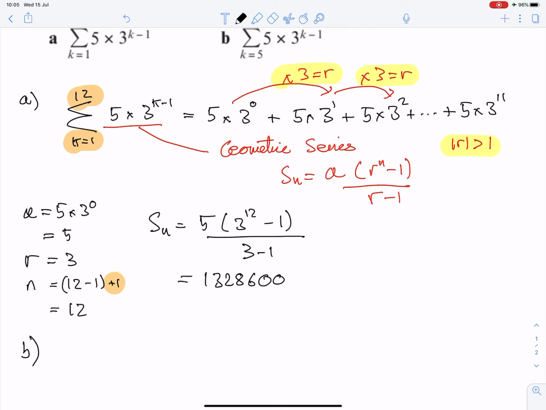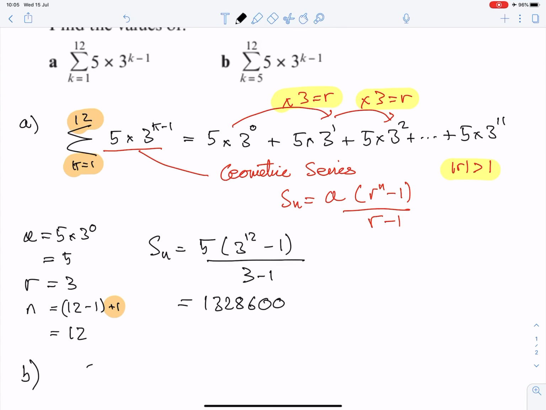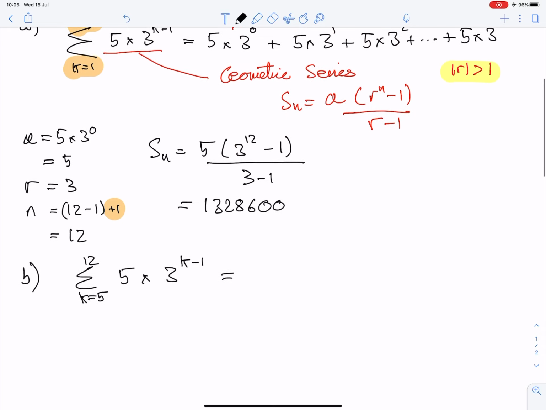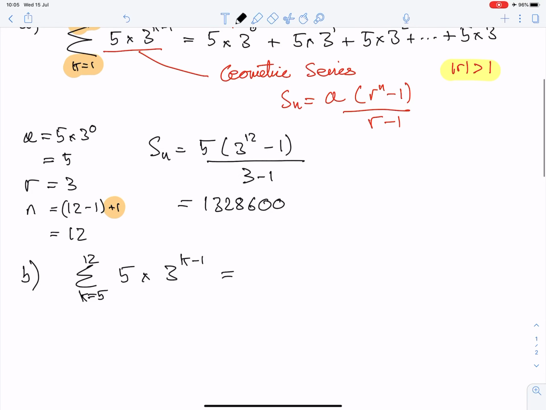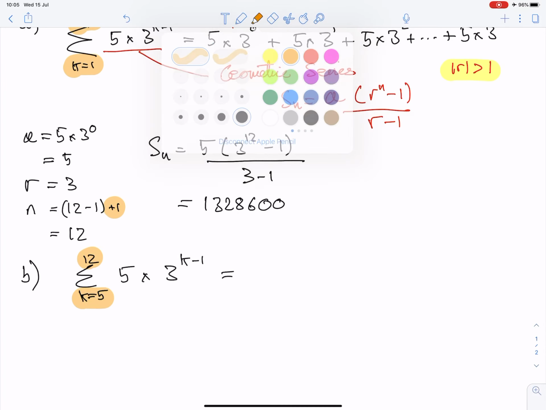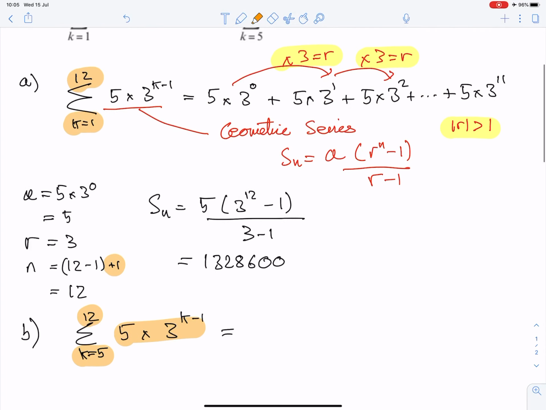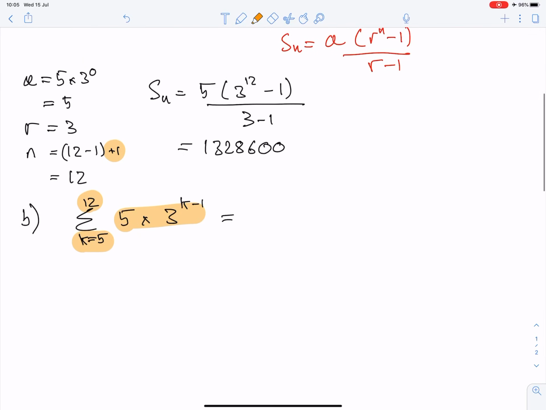Part B. We're going to get the sum from k equals 5 to 12 of 5 times 3 to the k minus 1 equals. Now the key thing here is to notice very carefully the top and the bottom values of k, because the other part is exactly the same as we had before.